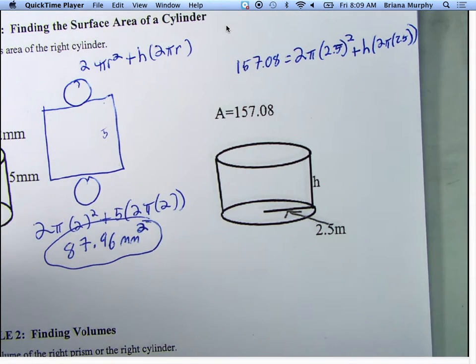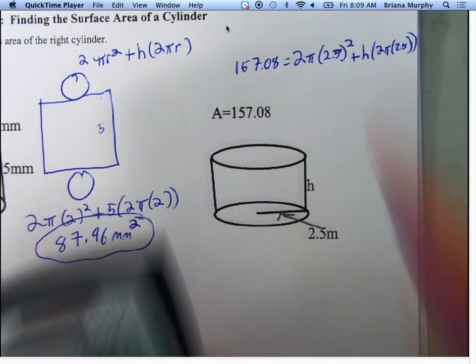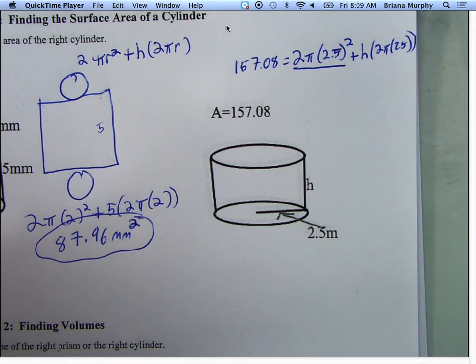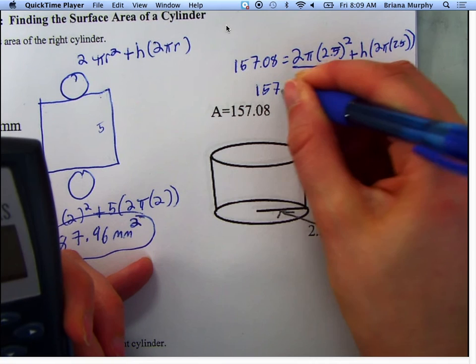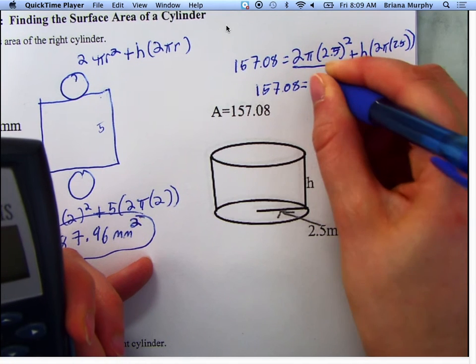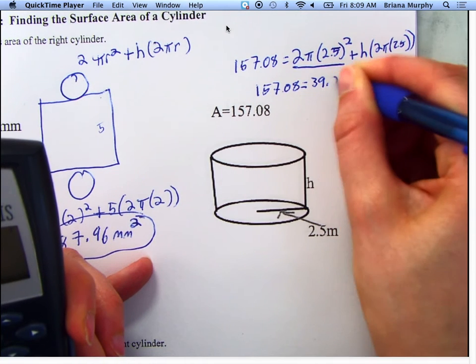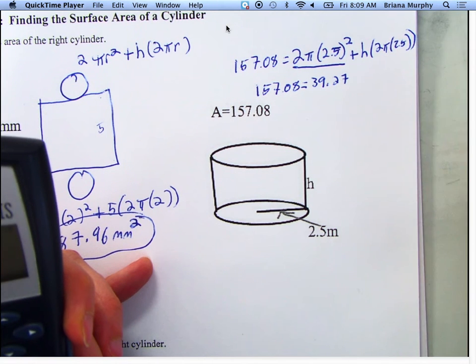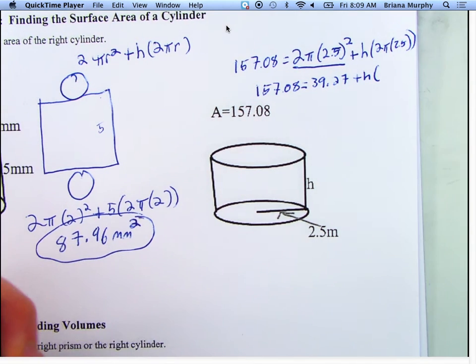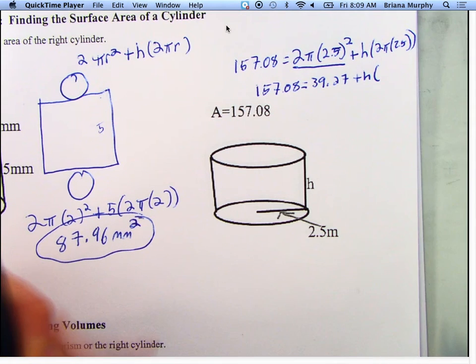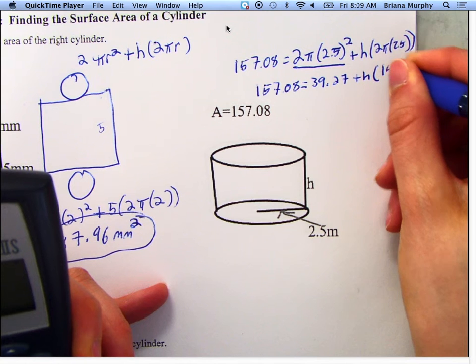I'm going to do the first part before the plus sign all in my calculator at once. 2 pi times 2.5 squared gives me 39.27, rounded to the nearest tenth, plus h times 2 pi, 2.5, which gives me 15.71.